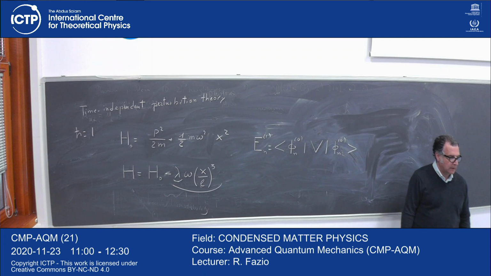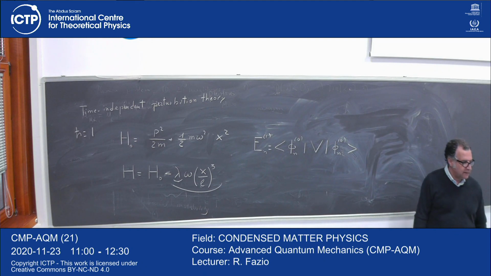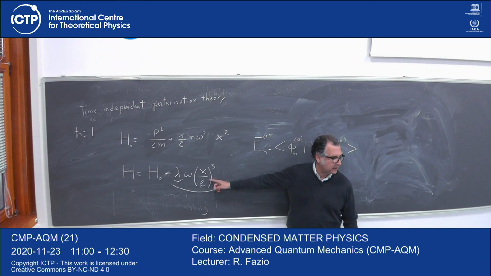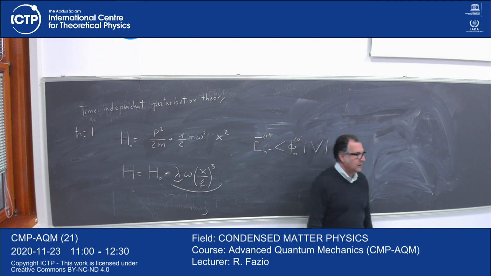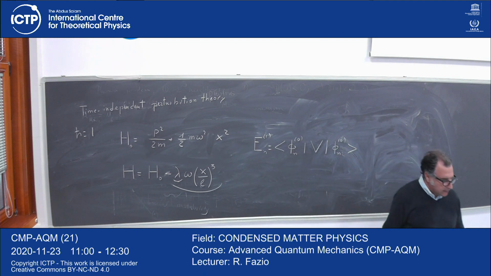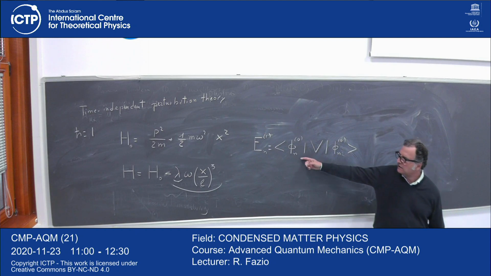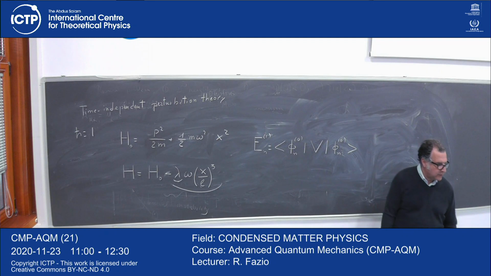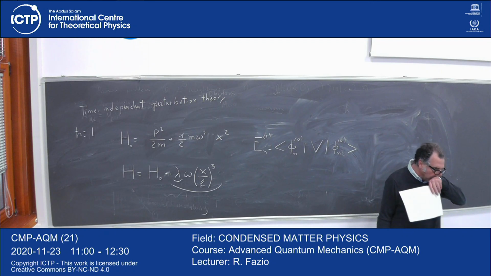It's not 0. No, it's 0. So just try to find out why it is 0. Sorry, which case again? If you consider the cubic correction, I'm saying that E1, the first order correction to the energy, will always be 0.